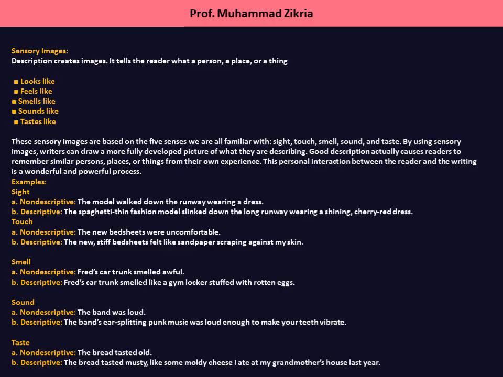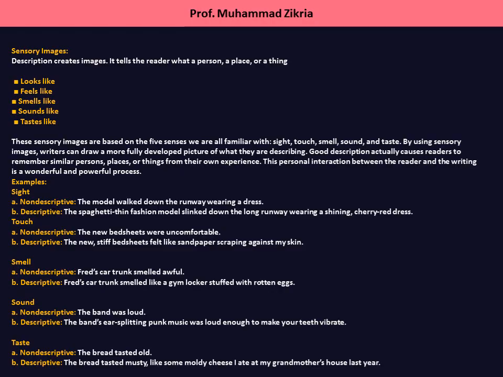These sensory images are based on 5 senses we are all familiar with: sight, touch, smell, sound, and taste. By using sensory images, writers can draw a more fully developed picture of what they are describing. Good description actually causes readers to remember similar persons, places, or things from their own experience. This personal interaction between the reader and the writing is a wonderful and powerful process.